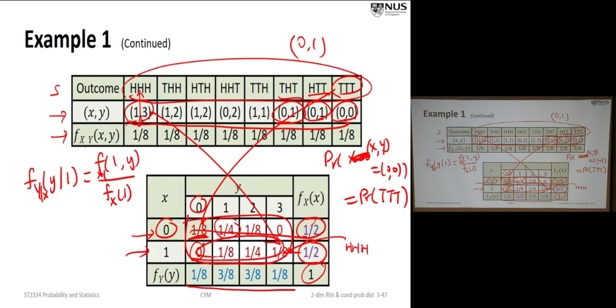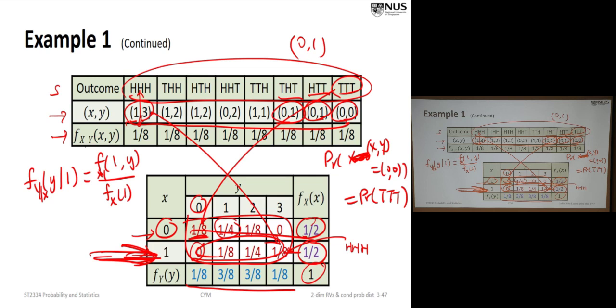So this is the definition. We are given that X equal to 1. It simply means, just look at this line. Look at this, X equal to 1.